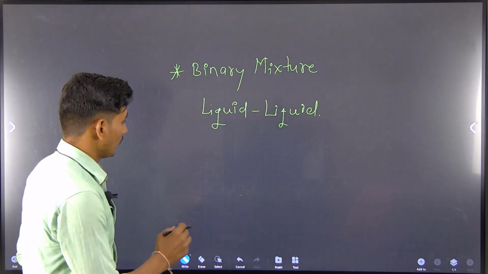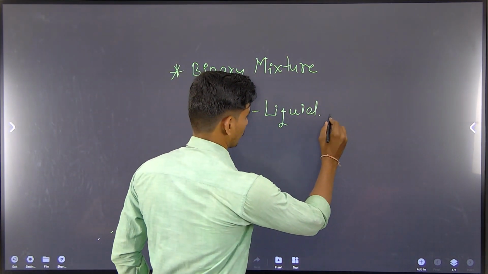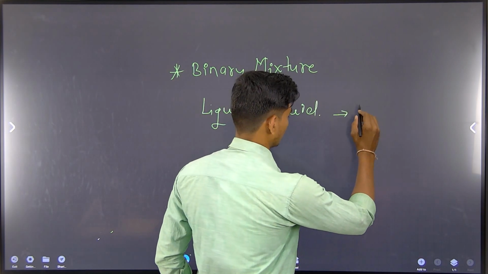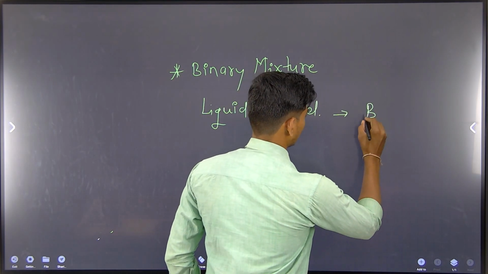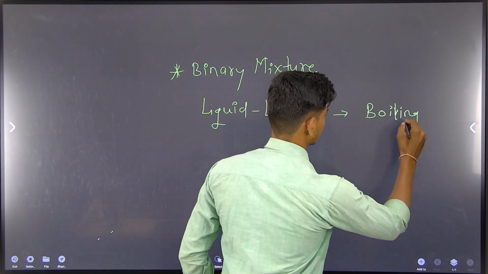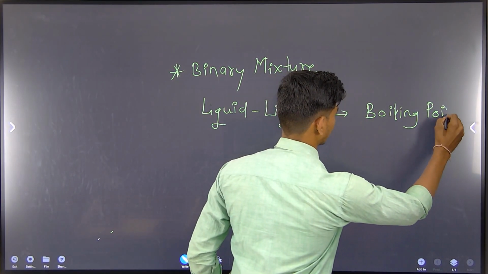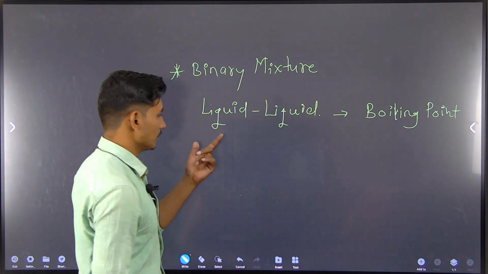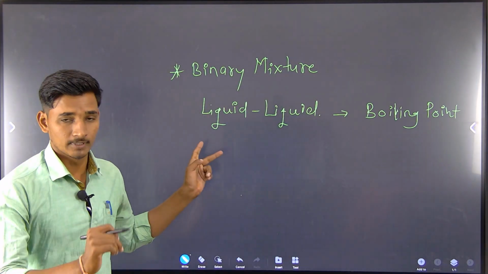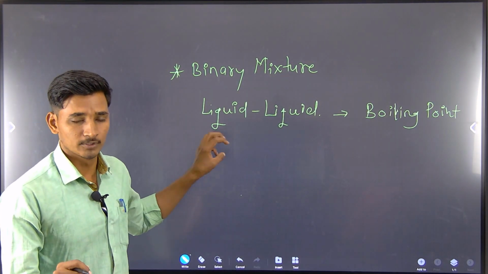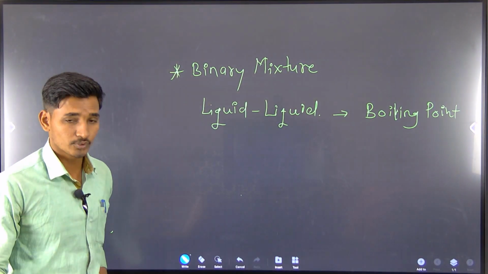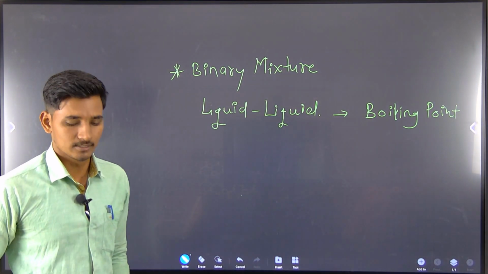Here, on the basis of their boiling points, we have to separate both liquids into individual liquids. On the basis of the boiling points of these individual liquid compounds, we separate this binary mixture into its individual compounds. For this we use an instrument called a distillation assembly.